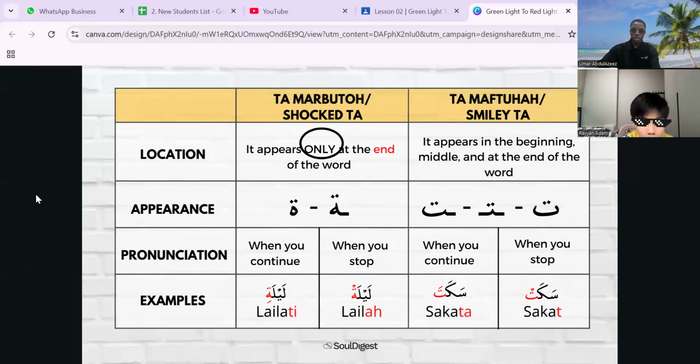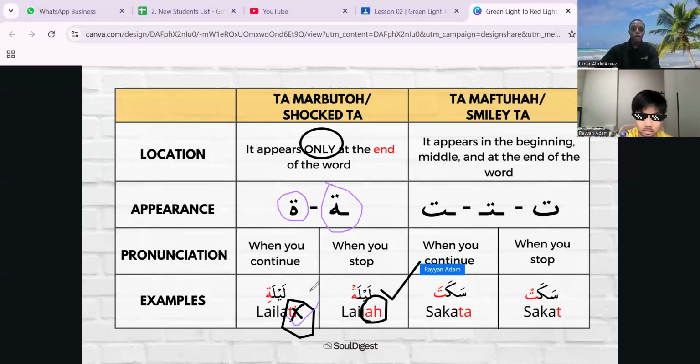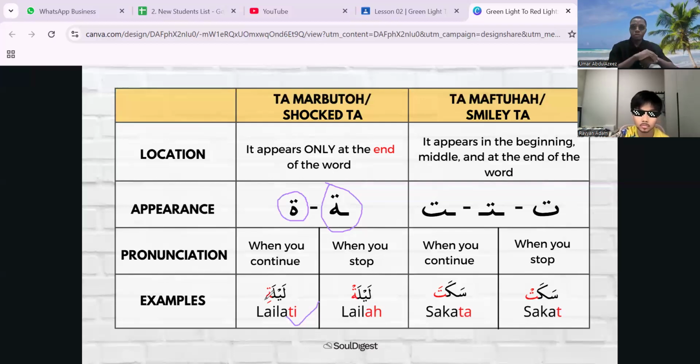Let me write something. You will only see it at the end of the word. This is still correct. If this letter is in a sentence, let me show you a verse of Quran.